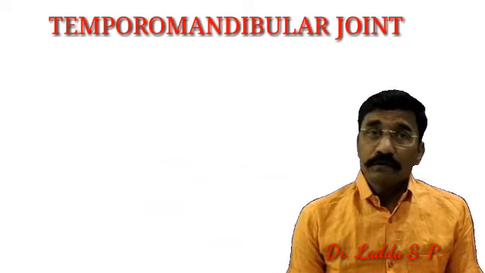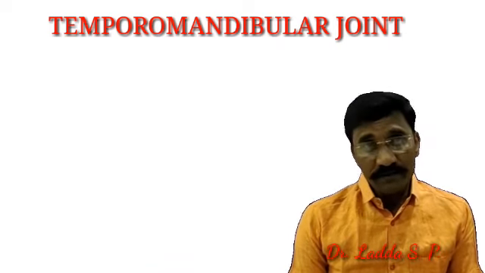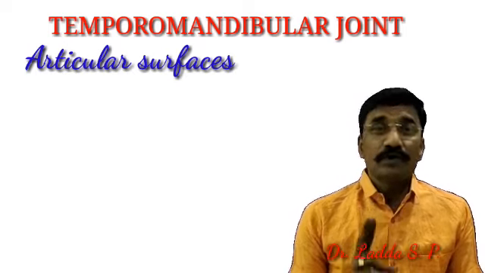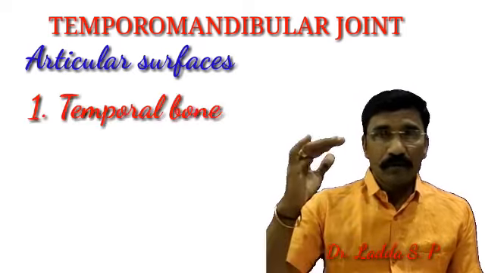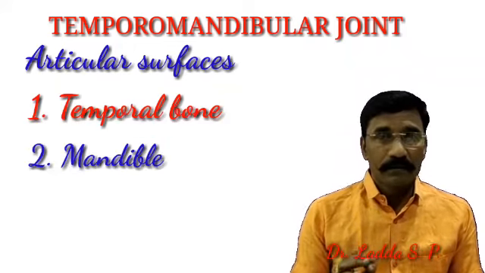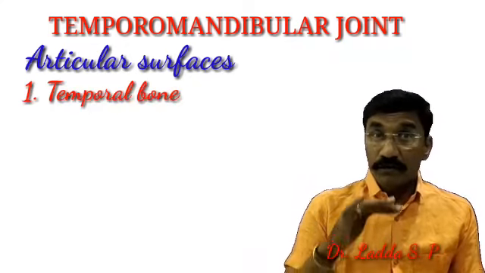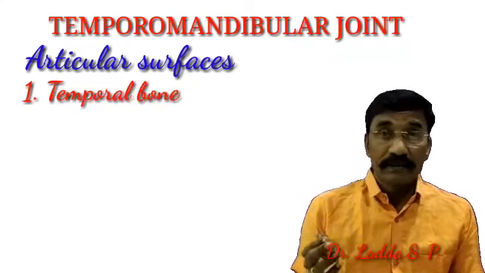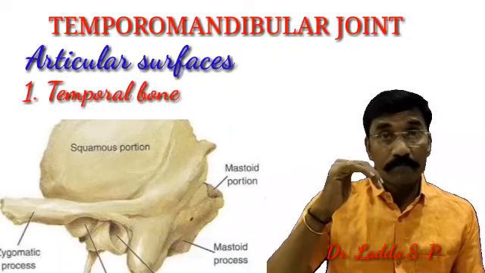Now about the articular surfaces. As we know, the joint is formed by two bones. The upper bone is the temporal bone, whereas the lower bone is the mandible. The upper articular surface of the joint is formed by a fossa.